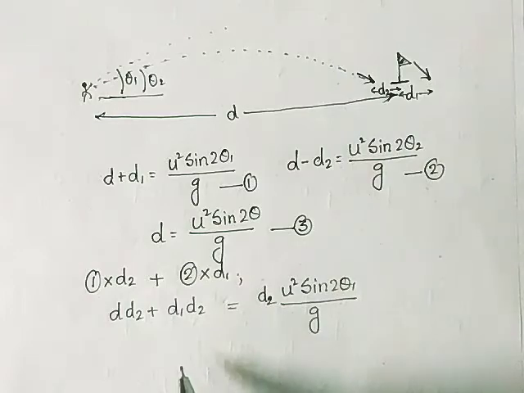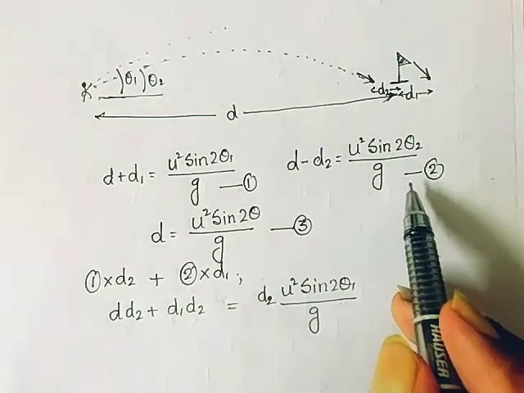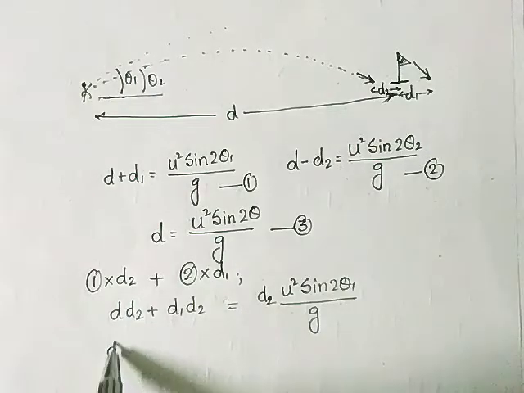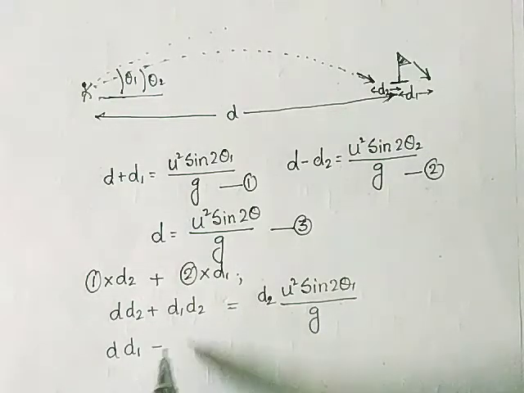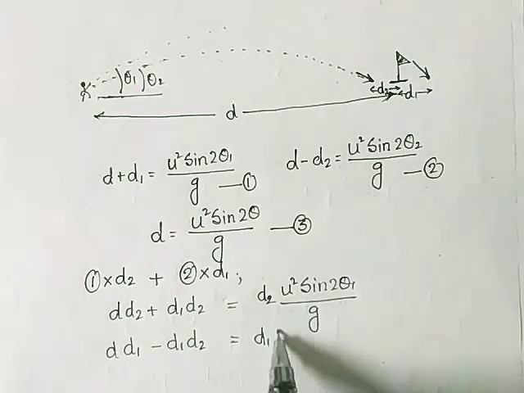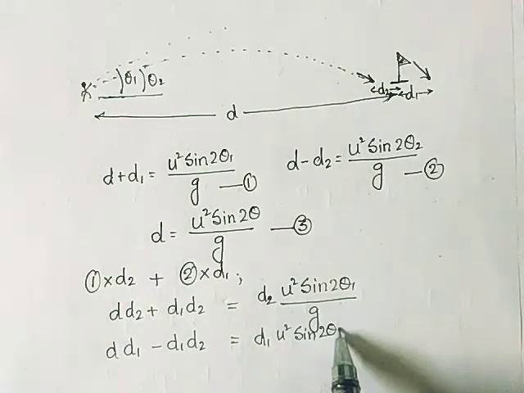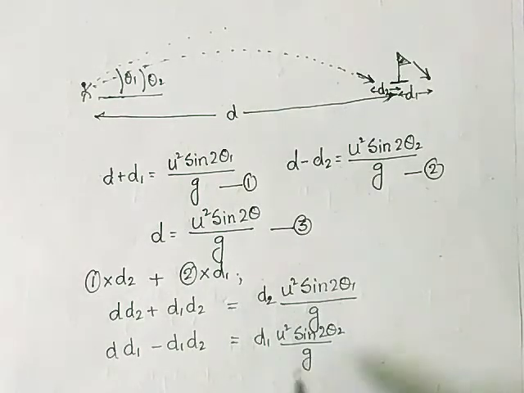This is the first equation multiplied by d2. Then if I multiply equation 2 by d1, it will be d d1 minus d1 d2 equal to d1 u square sine 2 theta 2 divided by g.